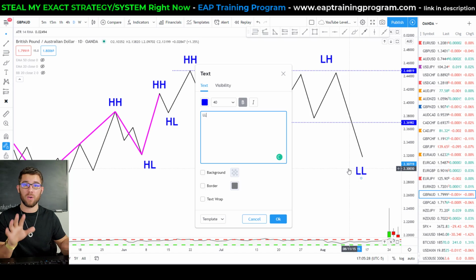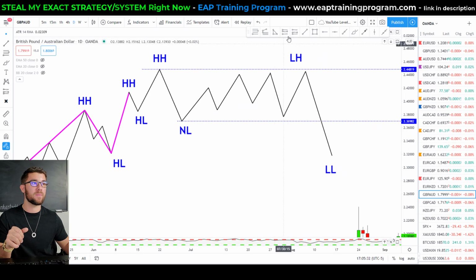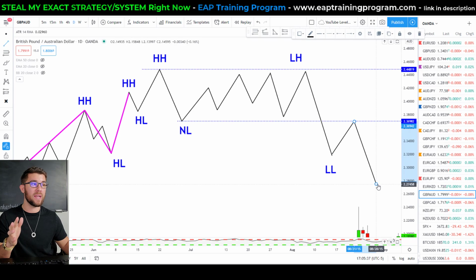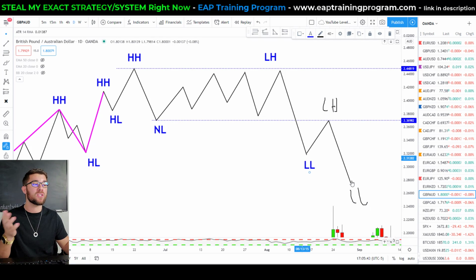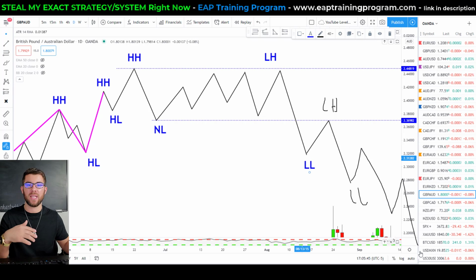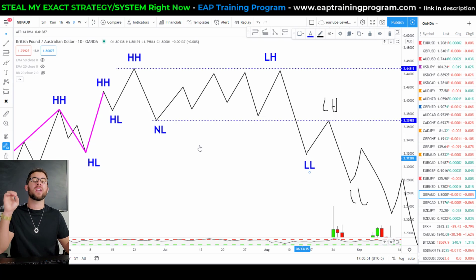Of course, we would wait on a pullback for this to be our lower low, but let's say the market does this, lower low, pushes up. Now we have a lower low, and now after a break, we have a lower high and a new lower low. And now we start looking for that trend continuation again, whether it be dirty or clean trends. That is the time, is after we get a breakout of the consolidation period.